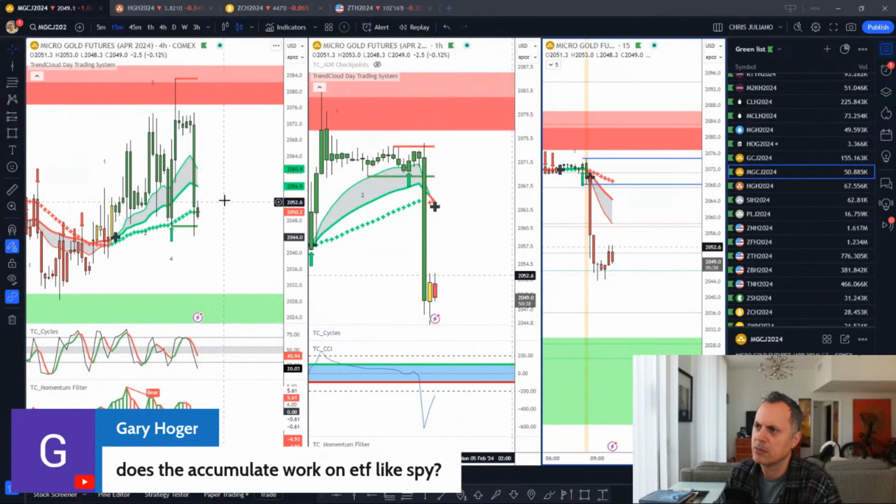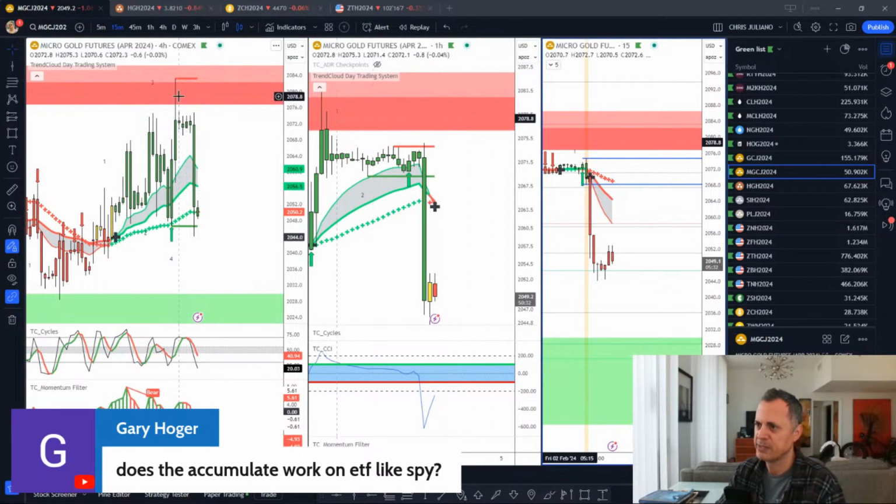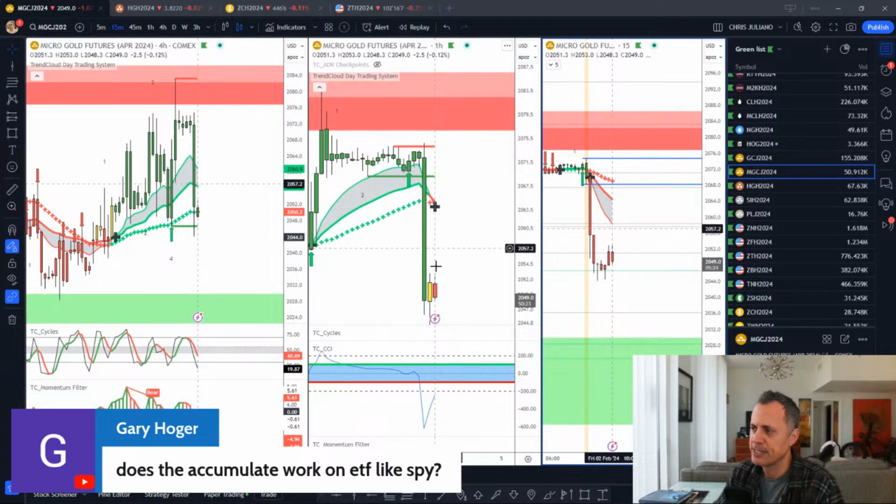So gold, even though we're in an uptrend, we hit that high time frame supply zone, deep pullback, cycling down, momentum is down, crossover of the 1 hour trend to the downside. Candles are red, TrendCloud is red. There's the crossover. We are below negative 100.